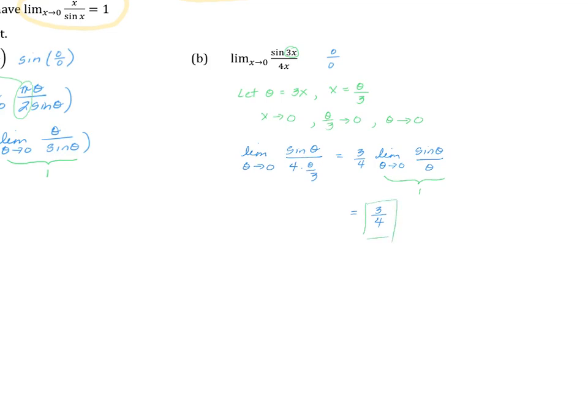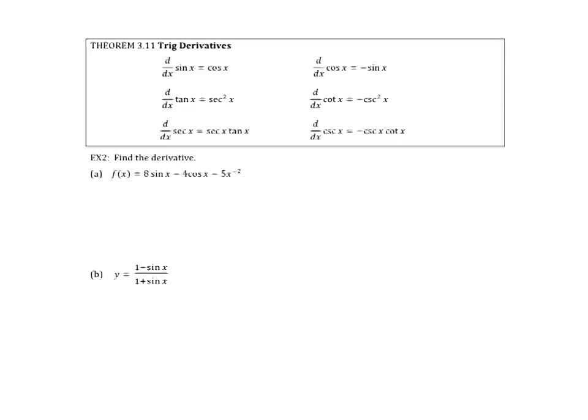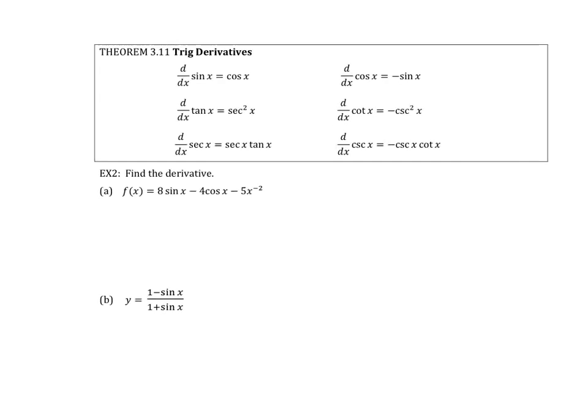All right, so what we're going to do in this next page is look at all the derivatives of the trig functions. And you're going to use these so often that it's just going to be natural for you. The derivative of sine is cosine. The derivative of cosine is negative sine.